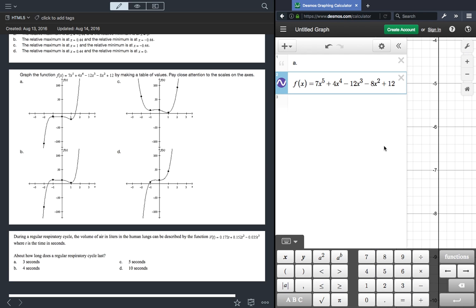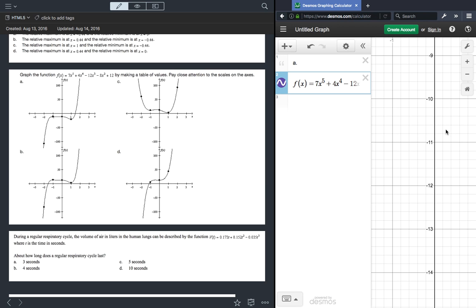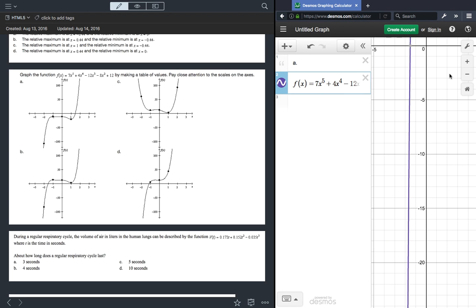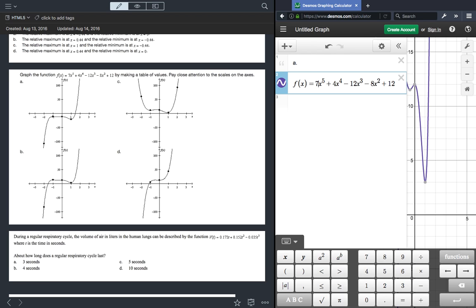All right, hopefully they let me zoom out. Sorry. So this is the graph shape. It looks like I must have done something wrong here because it doesn't look right at all. Plus 4x^4 minus 12x cubed minus 8x squared plus 12.